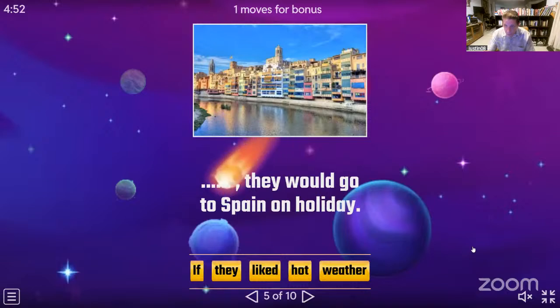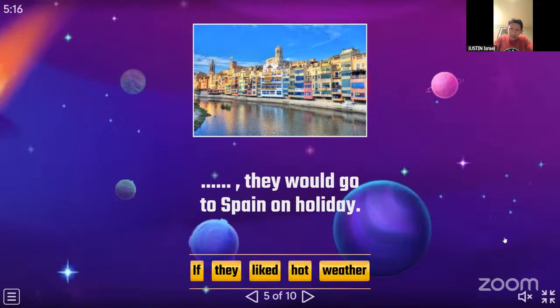Now this one is called the second conditional. This is for situations that are not real. These are hypothetical situations. So if they liked hot weather, they would go to Spain on holiday. So, Justin, in this situation, do they actually like hot weather or not?